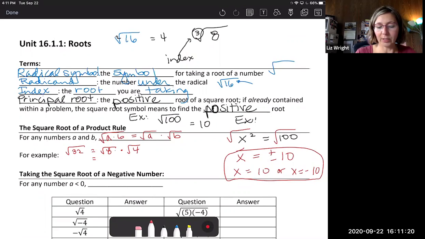I'm actually going to break the 8 down even further into the square root of 4 times the square root of 2. So that's what this one is, times the square root of 4. And that second square root of 4 is just this one being dropped down. Well, what's the square root of 4? The square root of 4 is 2.